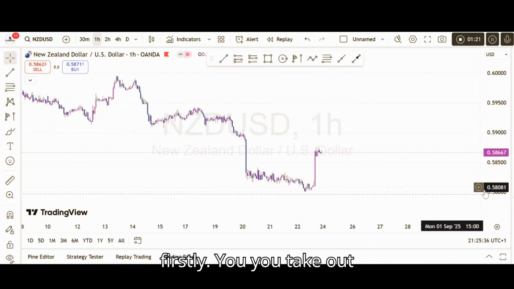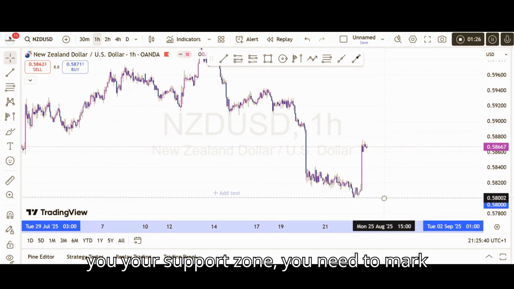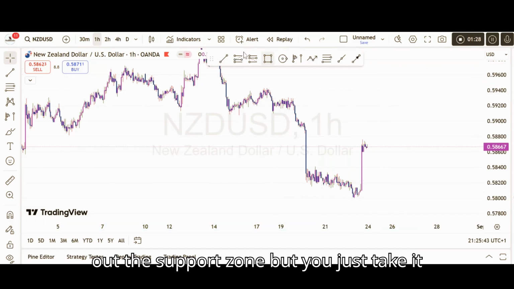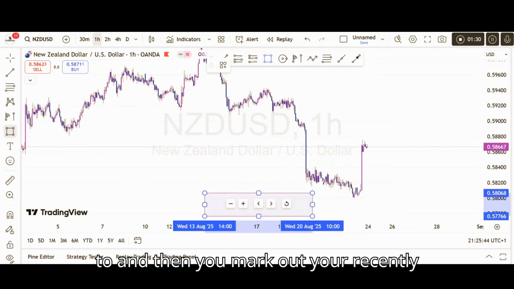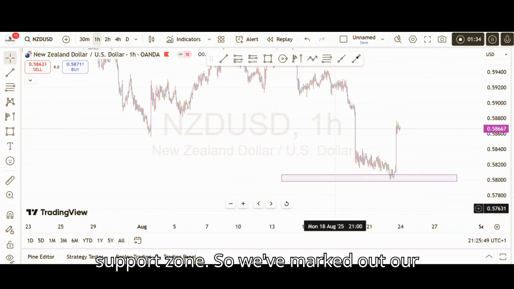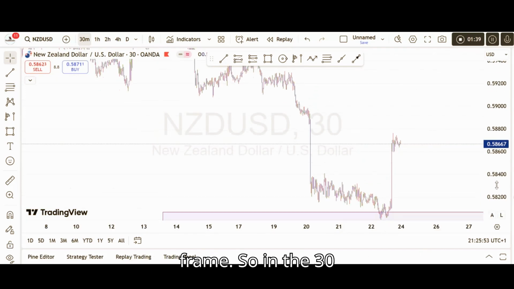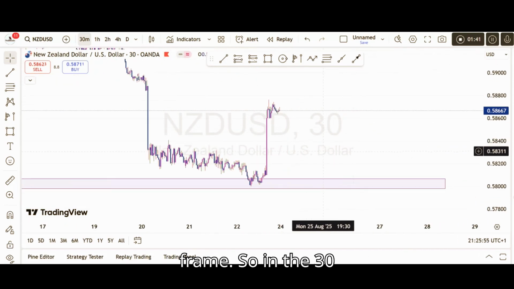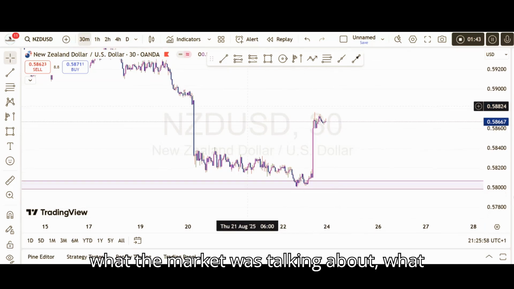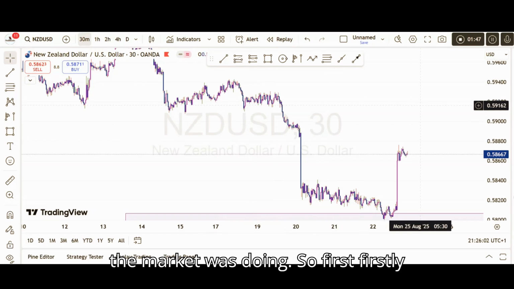Firstly, you mark out your support zone, taking a tool and marking out the recent support zone. Then we switch back to the 30-minute time frame to understand what the market was doing.